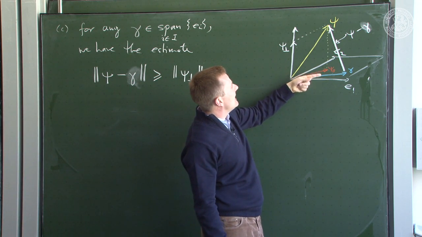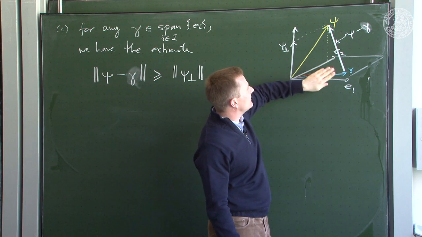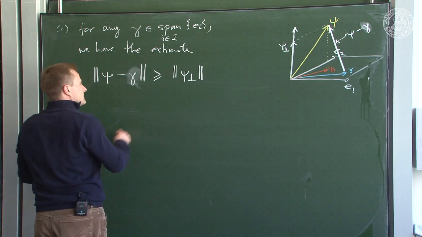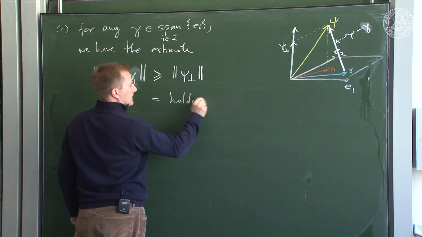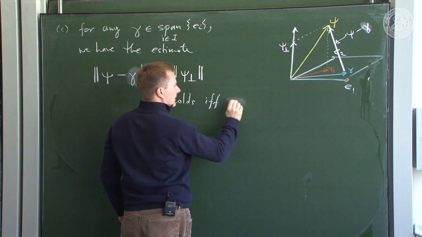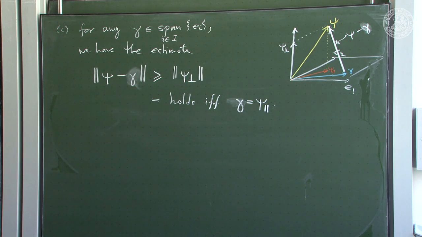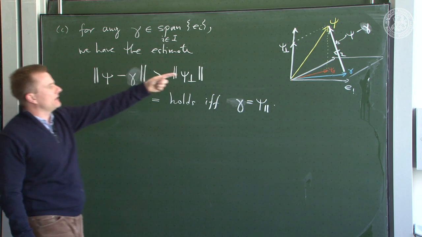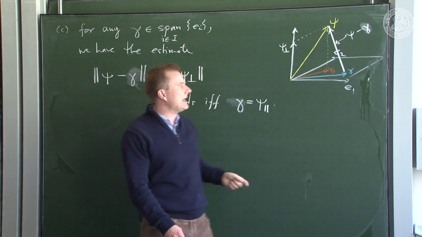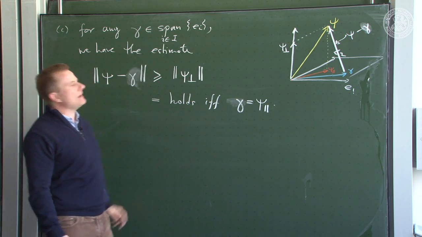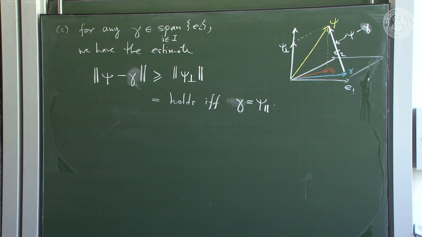Psi parallel is the unique vector in the span that is closest to this psi, because equality holds if and only if the gamma coincides with the psi parallel. So that's the idea. That's the picture. But of course, the picture is here drawn for 3 dimensions to aid memorizing this. But of course, the claim is here that this is true for an arbitrary, at most countable index set. Okay?